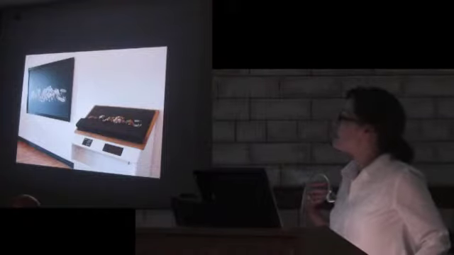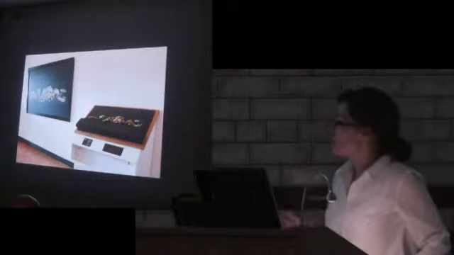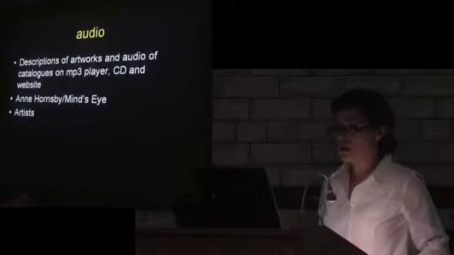But the idea was that somebody could listen to the audio about the artwork whilst touching the model, or they could just use the audio in front of the artwork itself.